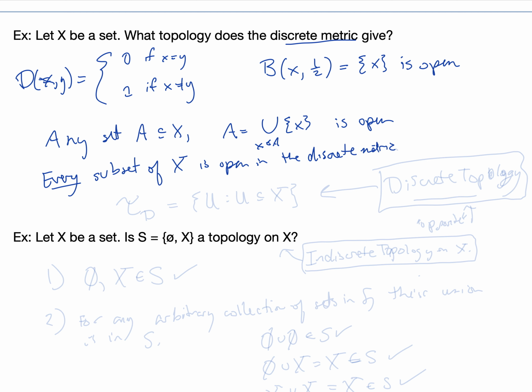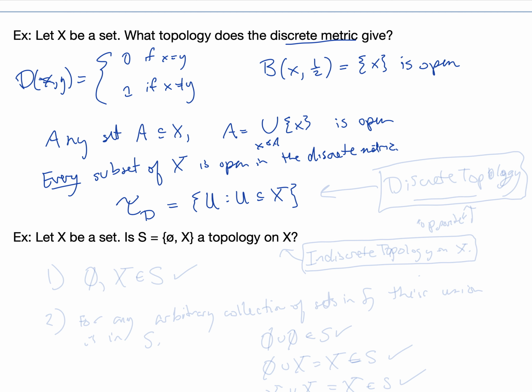And so what topology is generated by the discrete metric? The topology given by the discrete metric is the collection of all subsets of x. So, U such that U is a subset of x. Every single subset of x is open, and therefore every subset of x is in the discrete topology.